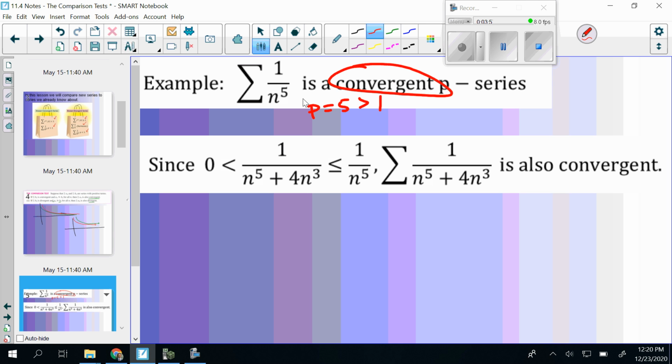For example, if we would plug in, say, n is 2, this is going to be smaller here because on here we'd have 2 to the 5th power, which is 32.